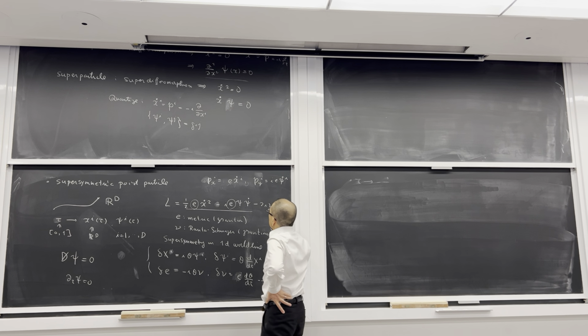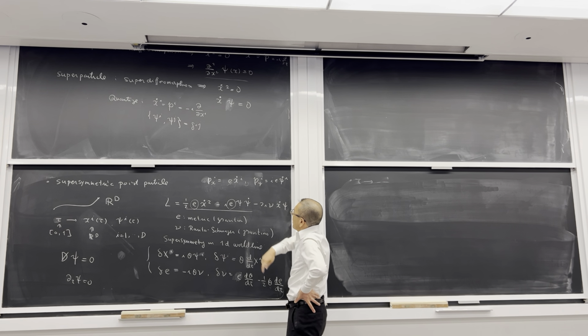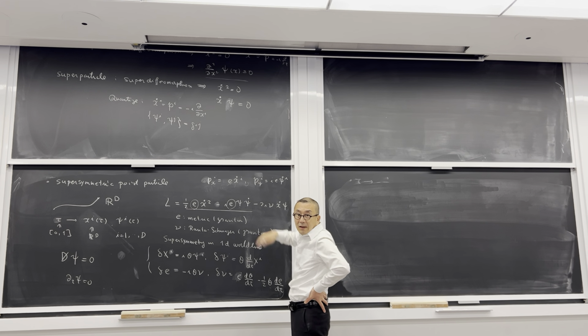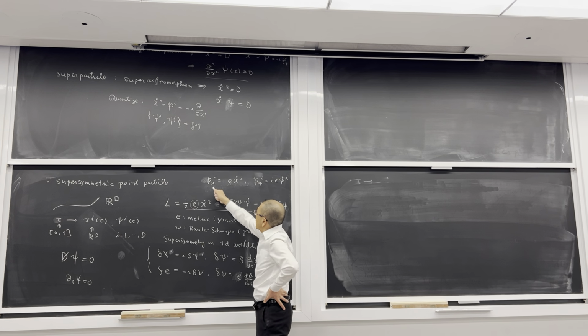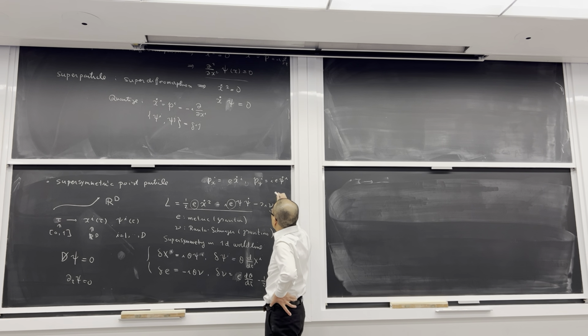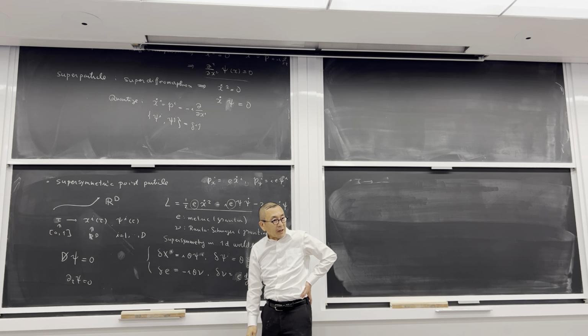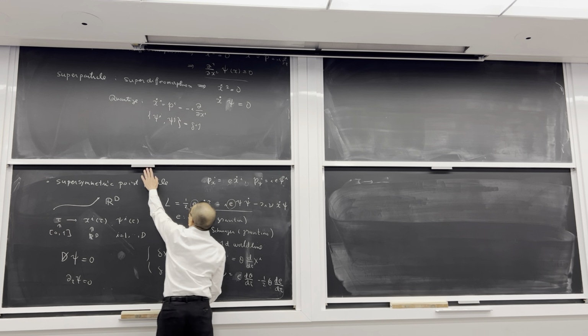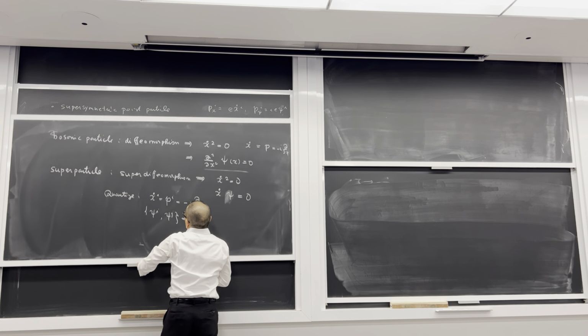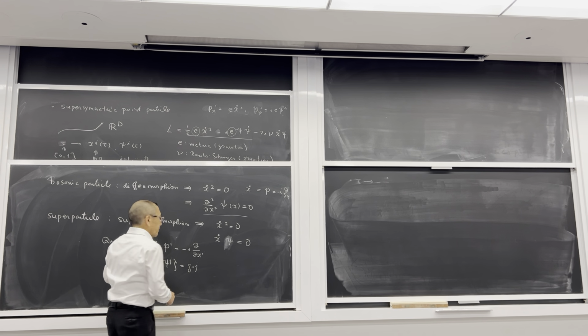So if you, for example, take a gauge where E is equal to 1, then x dot is the momentum conjugate to x, and psi is the momentum conjugate to psi. So therefore we have this commutation relation.